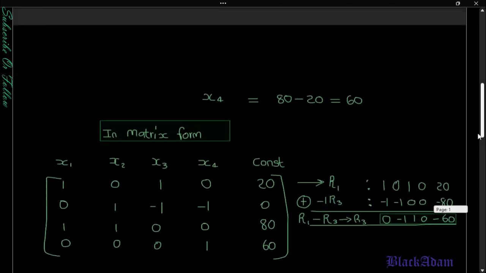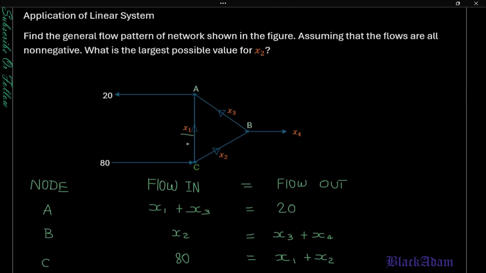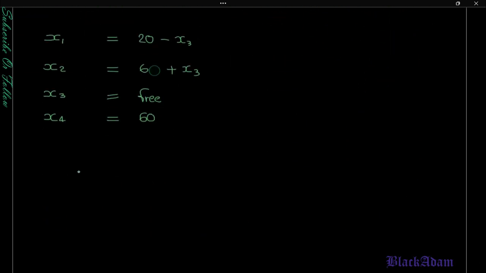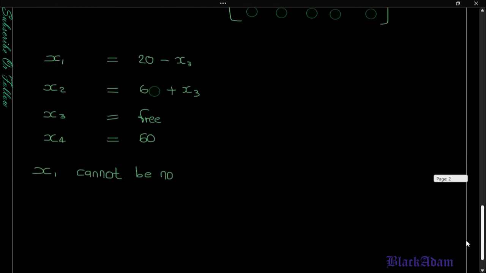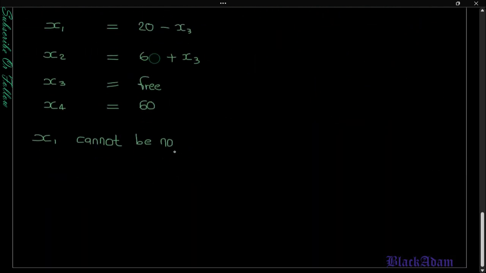Looking there we have x1 and x3 non-negative, which means they should add up to give you 20. Now that means x1 cannot be negative, which means it cannot go below 0. So 0 is the minimum we can give for x1.